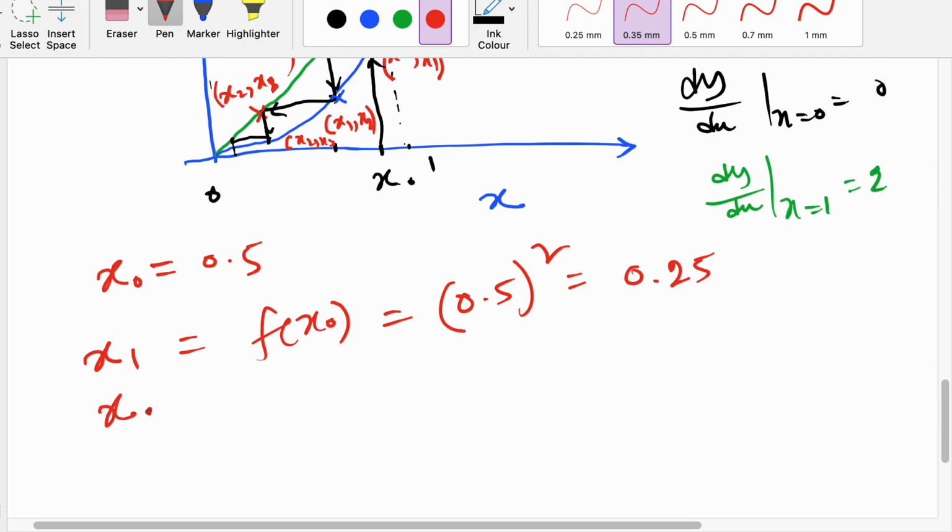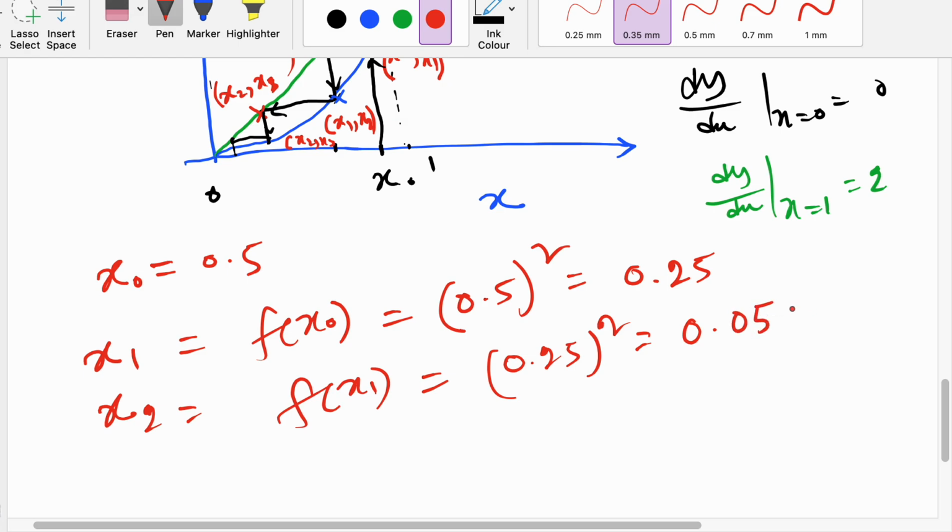Now x2 will be f of x1, that is 0.25 square, which is 0.0625. So you see that our cobweb diagram is showing us the correct direction: x2 is less than x1 and x1 is less than x0, and this continues towards 0.